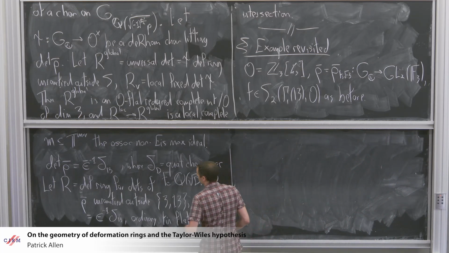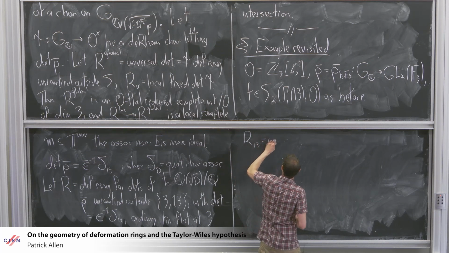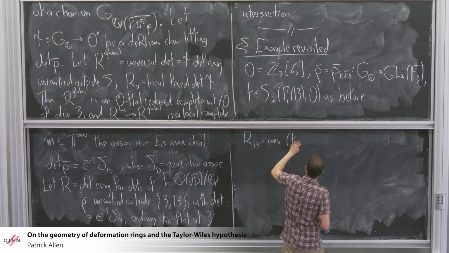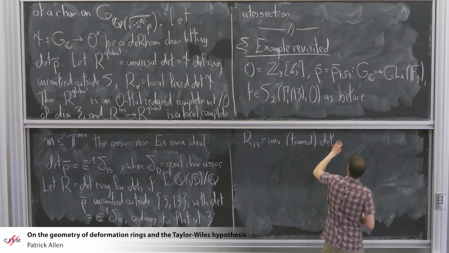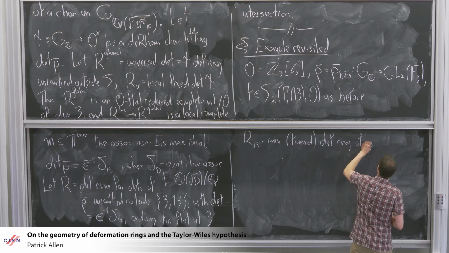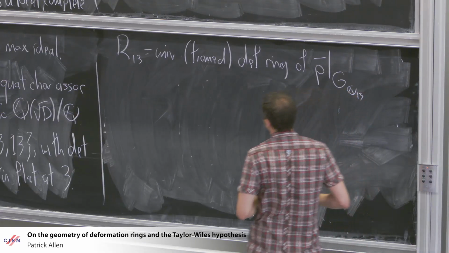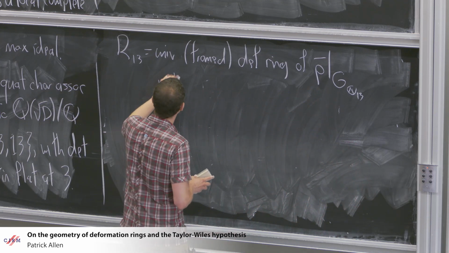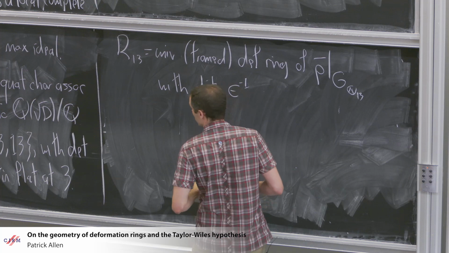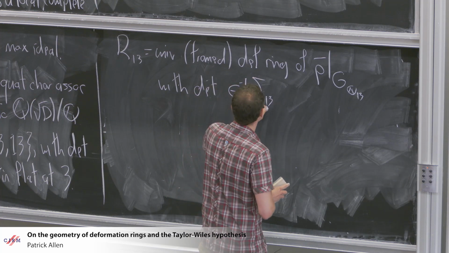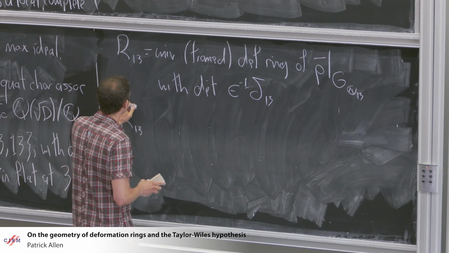Okay, so this one bit, and then we let R_13 be the universal, technically speaking, framed deformation ring of rho bar restricted to G_Q13, but with fixed determinant epsilon inverse delta_13. And then I'm going to consider a quotient I call R_13^min.